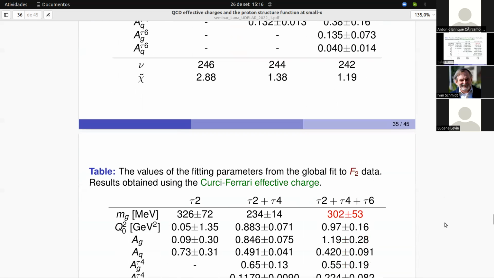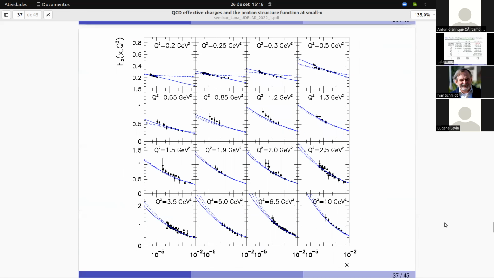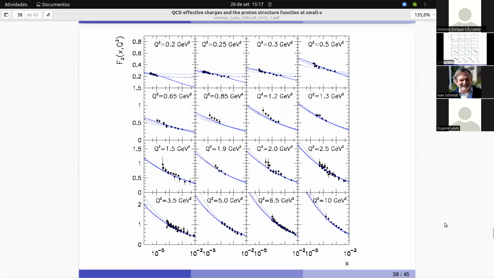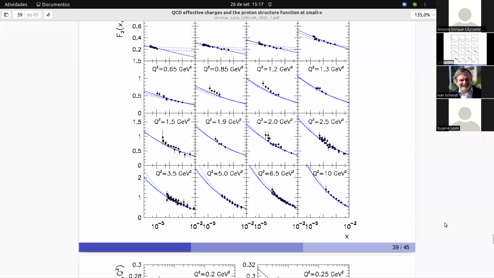This is for the logarithmic, I think, for only the leading twist, leading twist plus twist 4, and the solid curve takes all the high twist terms. You see that, in fact, you have a good description of all the data, mainly in the infrared region. The same holds for the power law and the same for the Cauchy-Ferrari coupling.